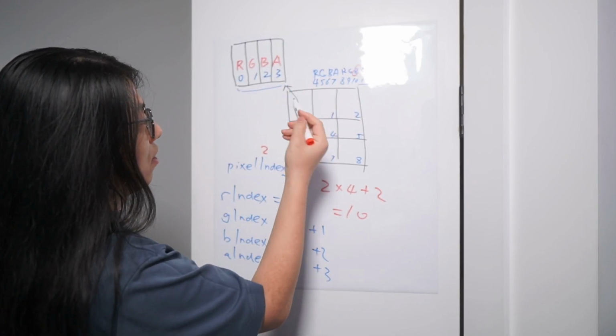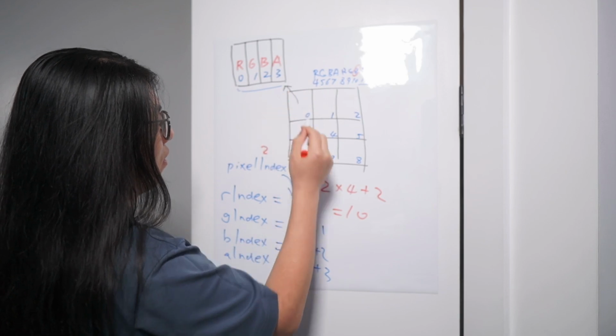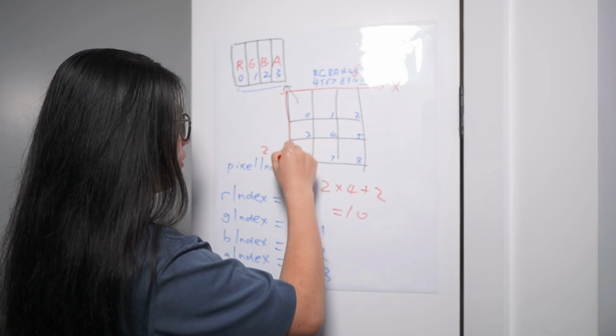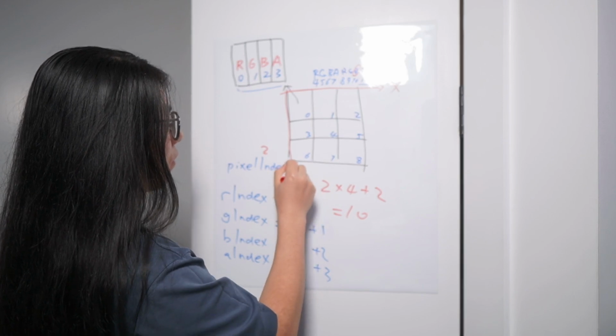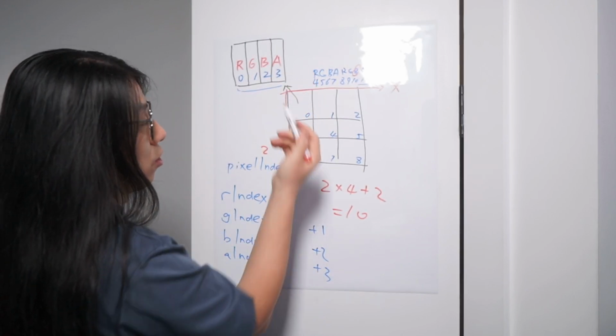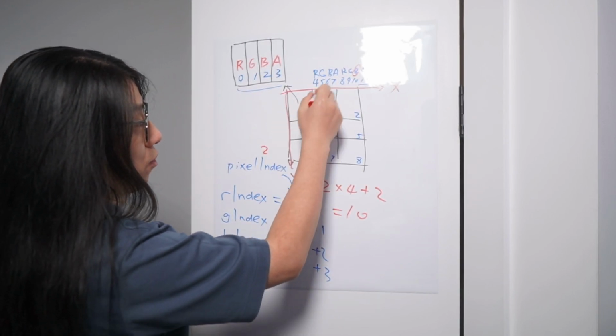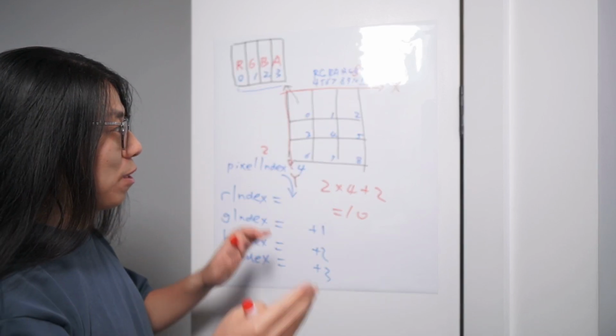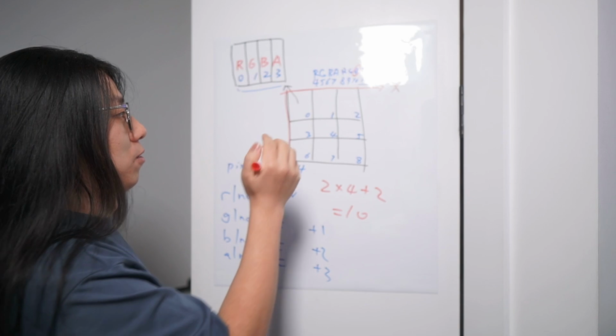So let's again number this. This is x, this is y. Remember, these are the pixels. Right now we are not even talking about the tiles in our pixelation. We are talking about the actual single pixels.